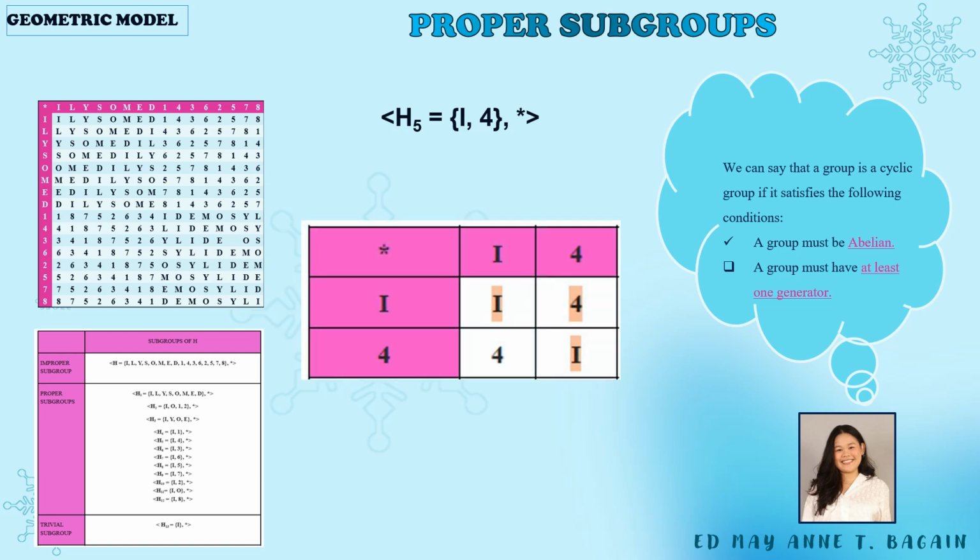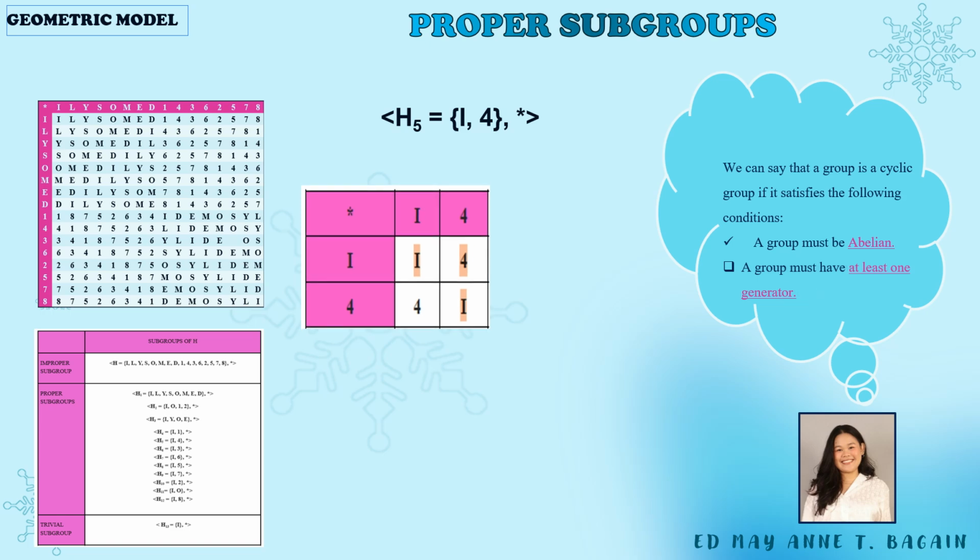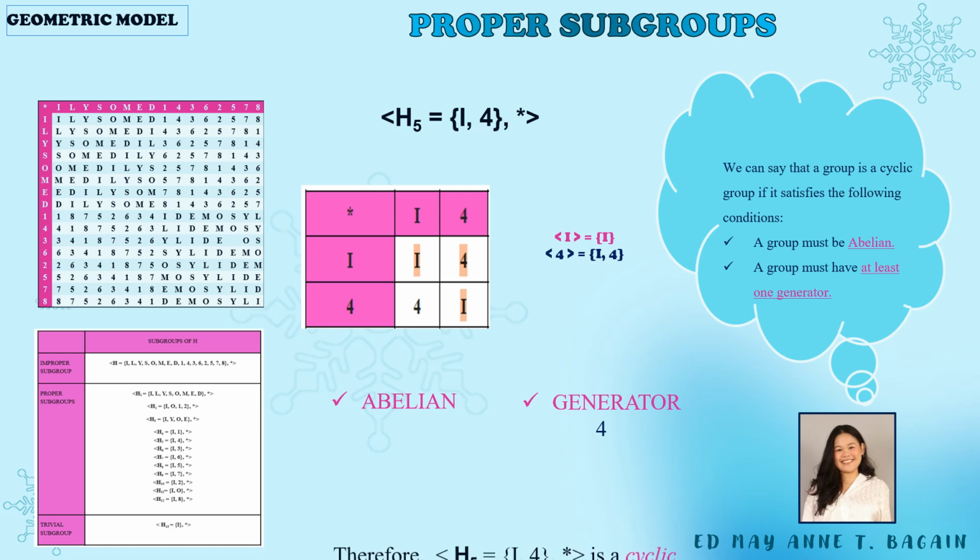And as we can see, 4 is the generator of this table. It is abelian, so it satisfies the first condition, and the generator is 4, because 4 generates all the elements in the set. Therefore, we know that H sub 5 equal to I and 4 under the operation star is a cyclic subgroup because it satisfies all the conditions stated, which is abelian and at least one generator.